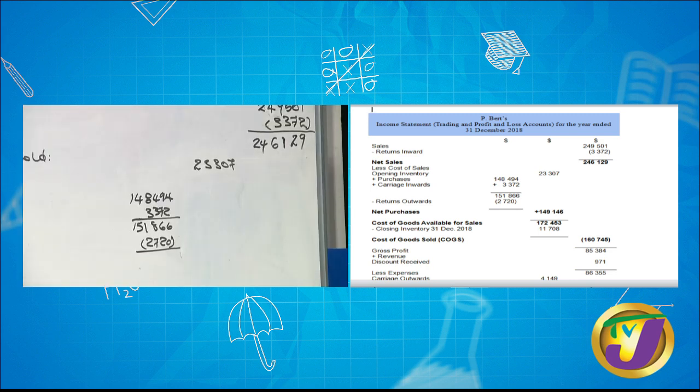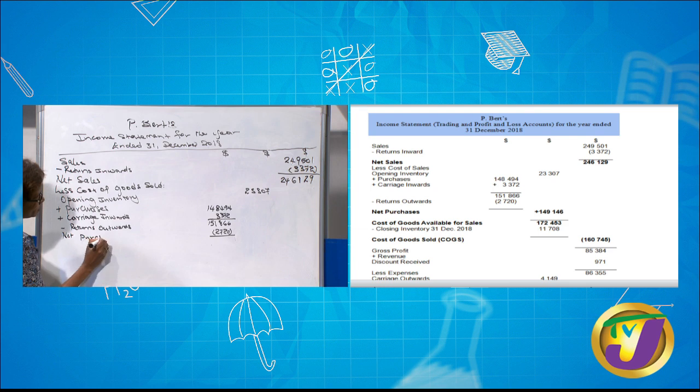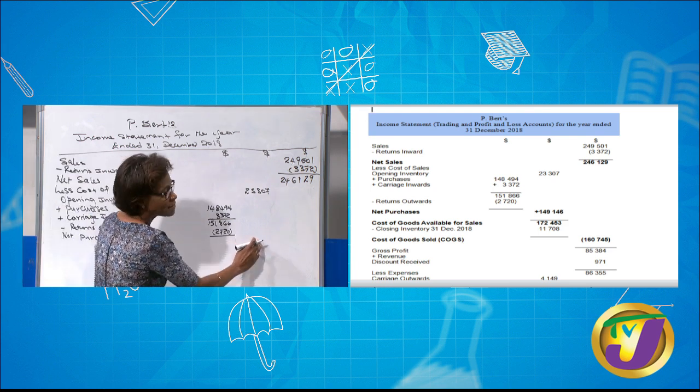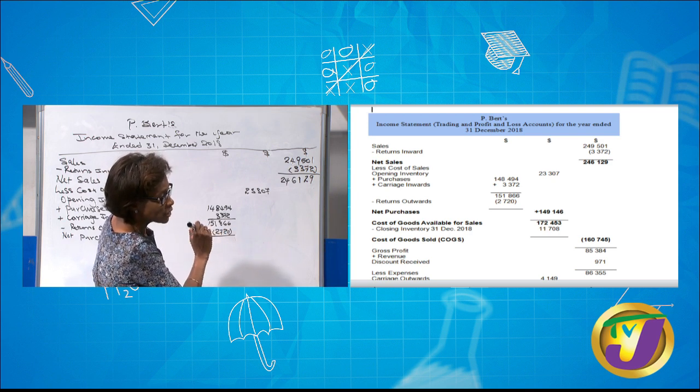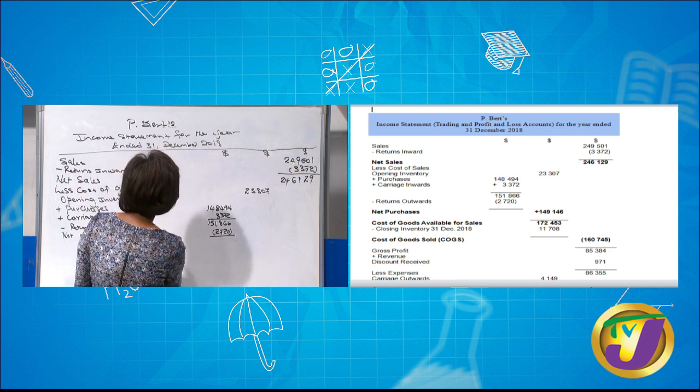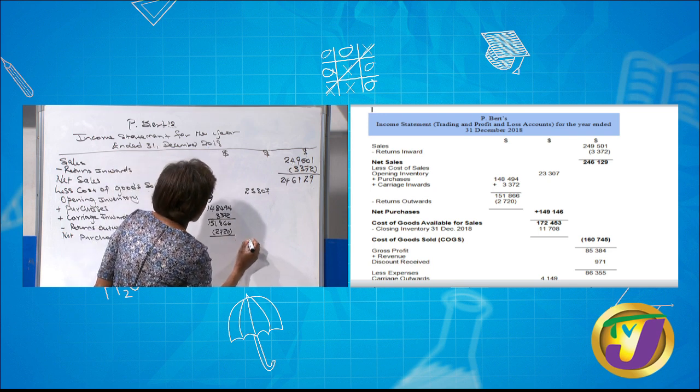It's going to give us our net purchases. When we take away our return outwards from our purchases plus carriage inwards, we get our net purchases. And in this case, the net purchase figure is 149,146.